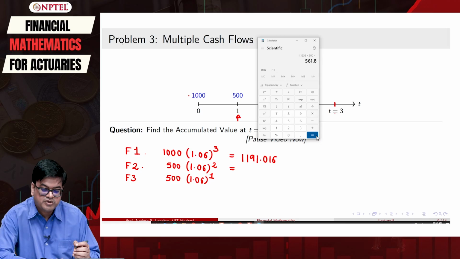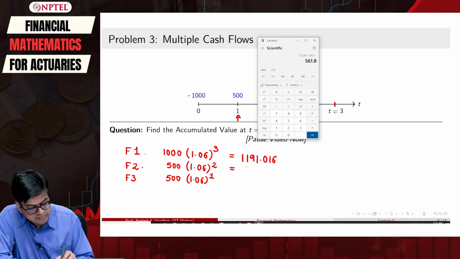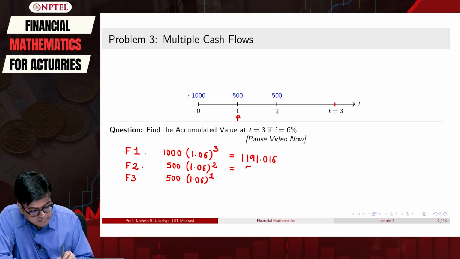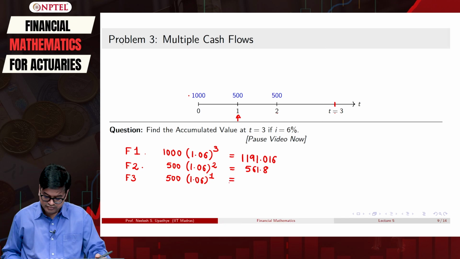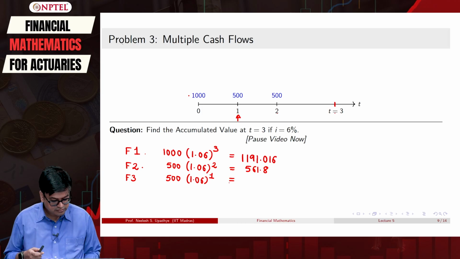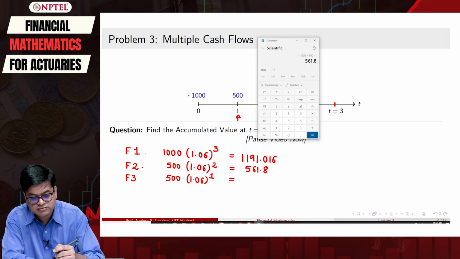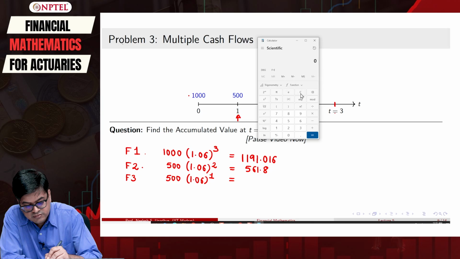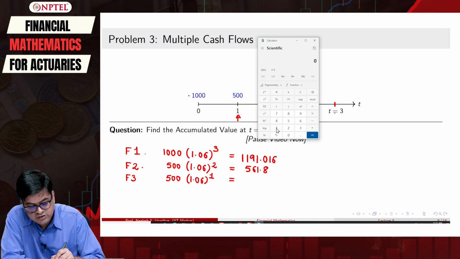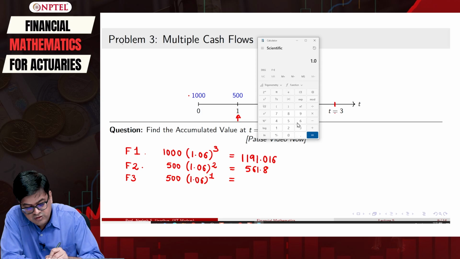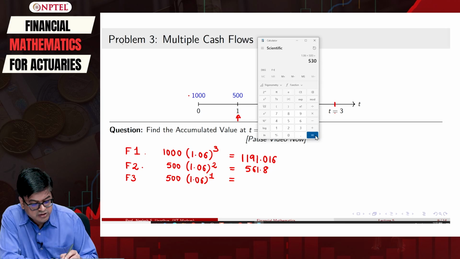Okay, so that gives me 561.8. Okay, let us do this final bit. So this is 500 into 1.06. 530.